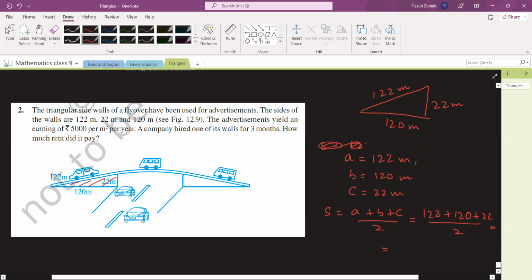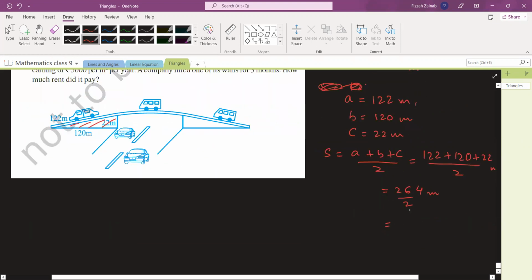Now that becomes how much? 264 divided by 2 meters, so 132 meters is the semi perimeter. Is that clear?